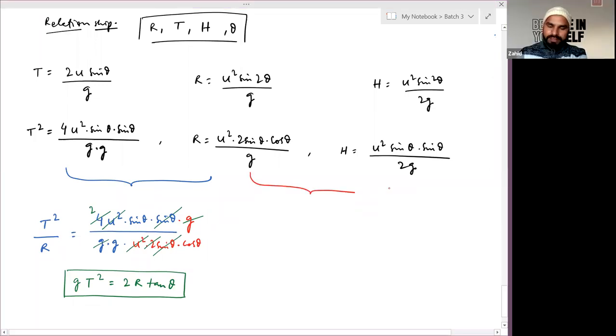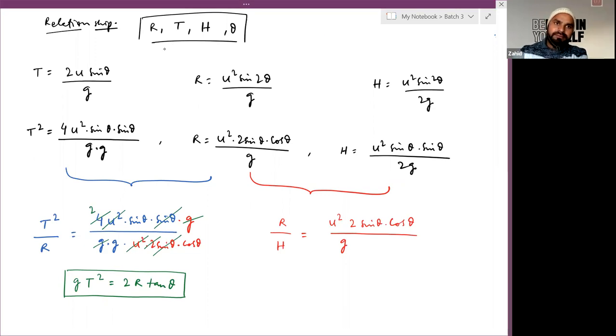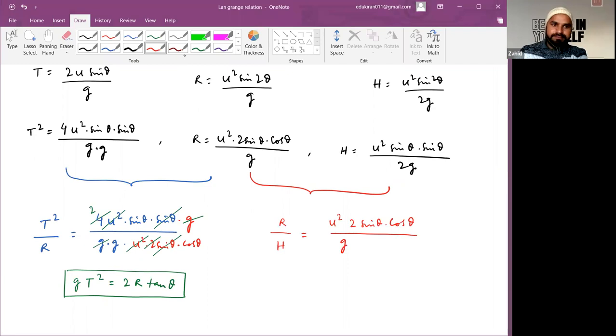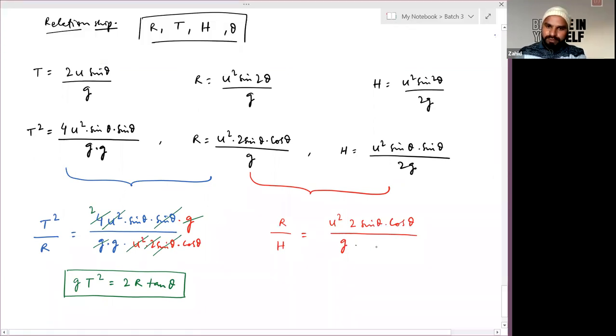Similarly, if you relate these two terms, you will get R divided by H. Put the value of R in the numerator. So we have u square 2 times sine theta into cos theta divided by gravity. Next is height, u square sine theta into sine theta divided by 2 times gravity.